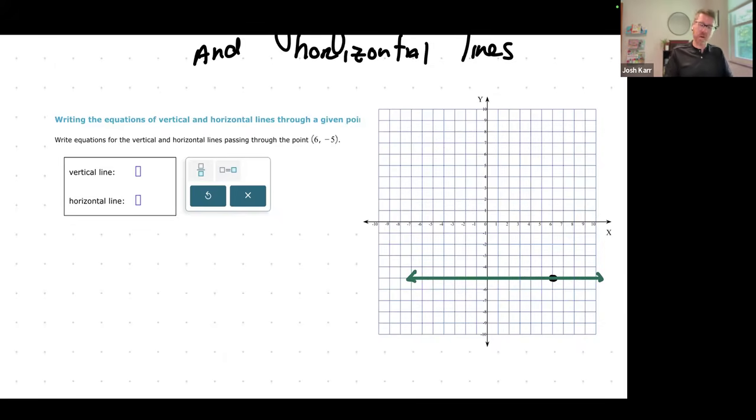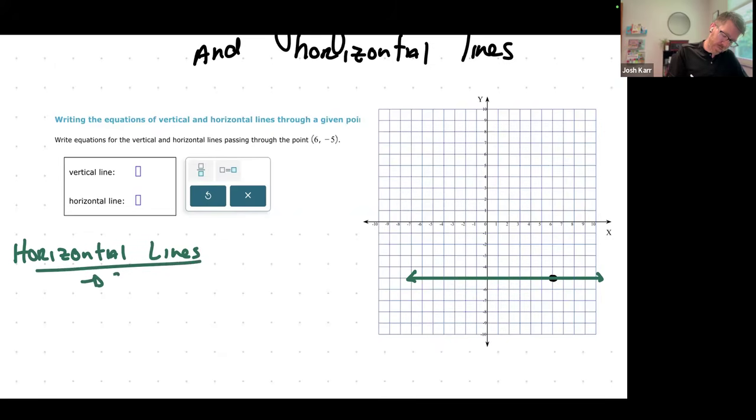And now I want us to bring our attention to the things we remember from video lecture 7, when we were talking about the slopes of vertical and horizontal lines. So horizontal lines have a slope of 0.